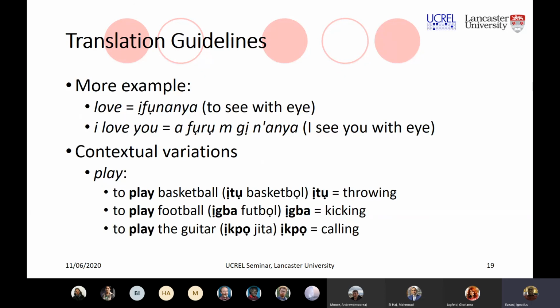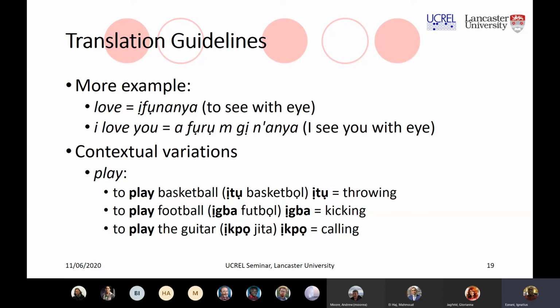Again, there are more examples. If you want to say, I love you, for instance, the translation is from Igbo, and if you want to translate back to English, it sounds like I see you with I. It has nothing to do with love as well. We have the challenges of contextual variation, which I believe exists in other languages, where a particular word will mean different things, and therefore has to change in the form that is being used, depending on the context that it is being used in.